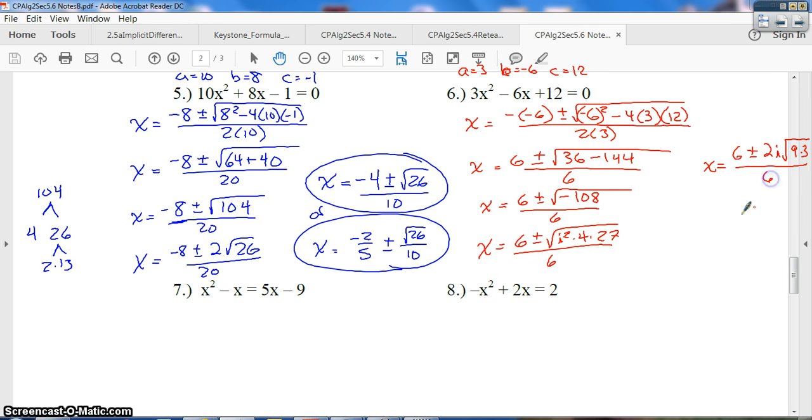This is still over 6. So 6 plus or minus the square root of 9 is 3. 3 times 2i is 6i. And all these are divisible by 6, so 1 plus or minus 1i root 3. If I would have divided everything by 3, I would have made this all smaller at the end as well. All right.